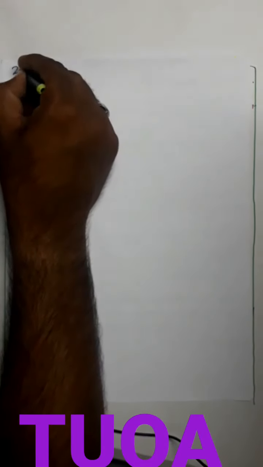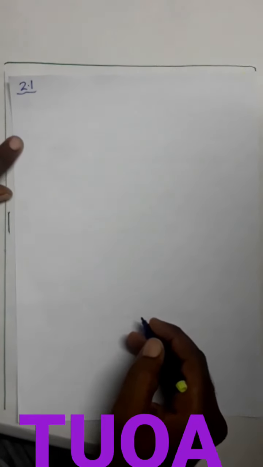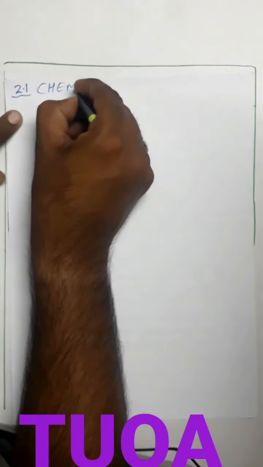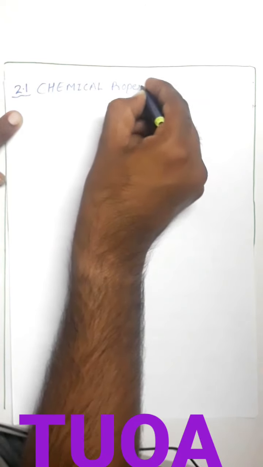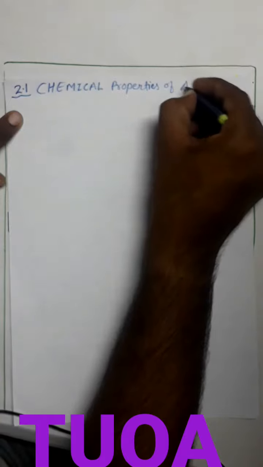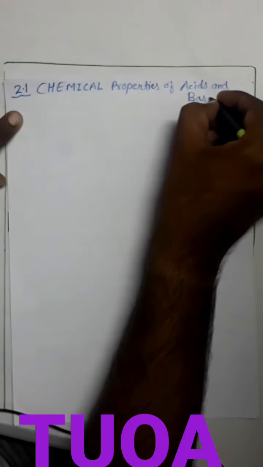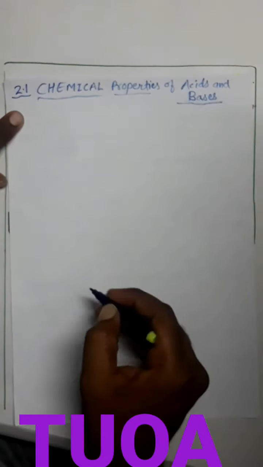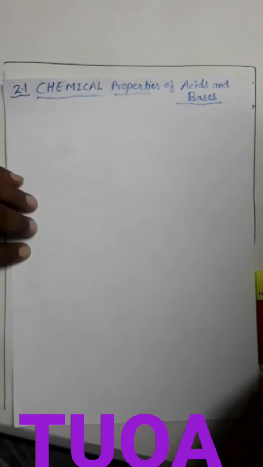So the first unit of your textbook is 2.1, and in this one we will be discussing the chemical properties of acids and bases. Unit 2.1 of your textbook, in which we will be discussing chemical properties of acids and bases.